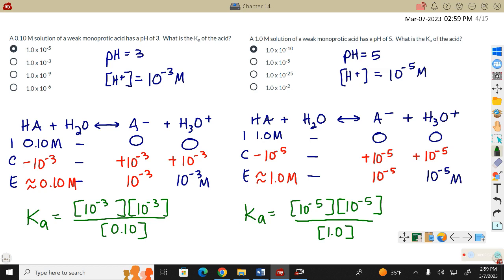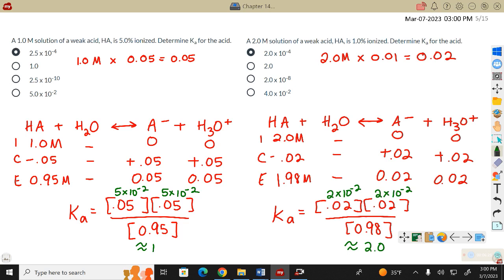It's pretty small to the point where it's probably insignificant. So from here I've got the two product ion concentrations, and I've got an approximate concentration of my original reactant. It's probably not going to change by much. So it's a fine assumption to ignore that minus 10 to the negative third or 10 to the negative fifth. Now I can plug it in and solve for my Ka.